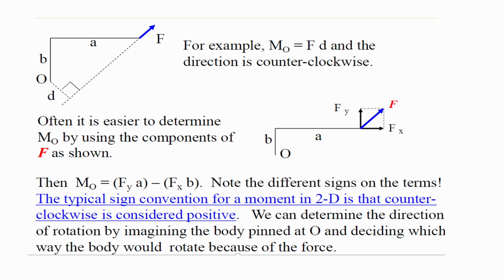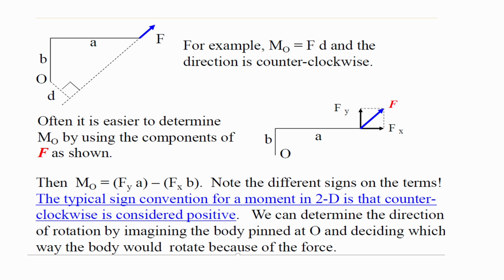So our moment will be M_O equals Fy times A, which is the perpendicular distance to O, and in this case Fy will be counterclockwise, and we have Fx times B, the perpendicular distance for Fx, but it will go clockwise, and that's why M_O equals Fy times A minus Fx times B.